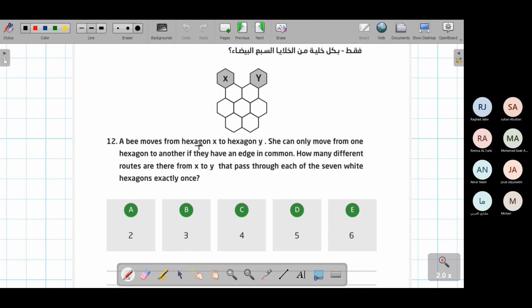Okay, so we need to count how many times we can start from X and arrive at Y. Of course, but we need to what? We need to touch the 7 white hexagons. Yeah, Jude. Exactly once. Exactly once.